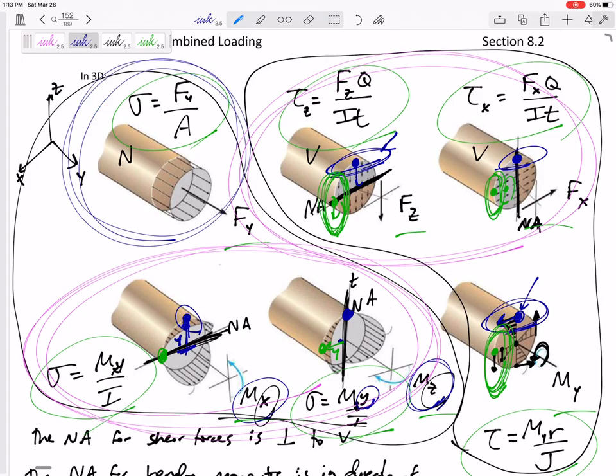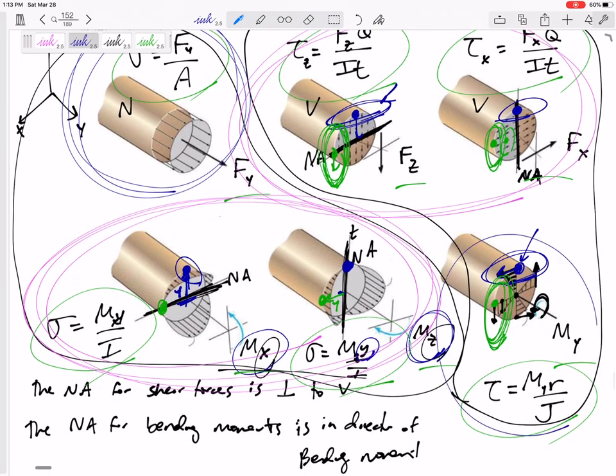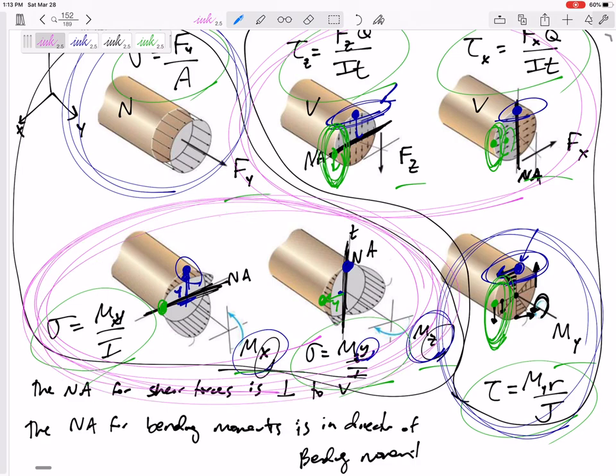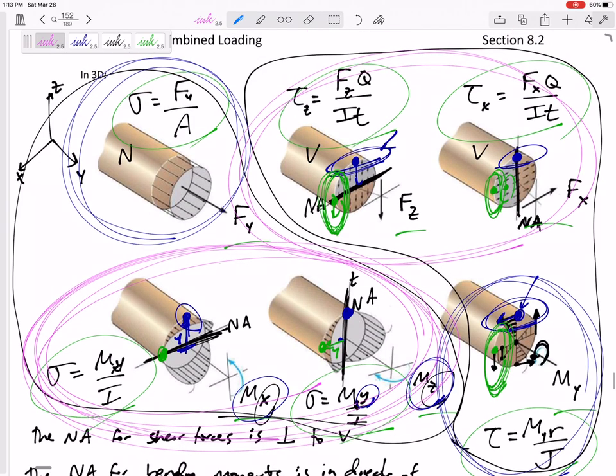The normal force is N over A. The torsional moment, the twisting. Which one of these moments is the twisting moment? Which one of these moments gives it a twist? Those are going to be the easiest to do. But I think the hardest are going to be these bending moments creating a normal stress of My over I, and the shear forces creating a VQ over IT stress.